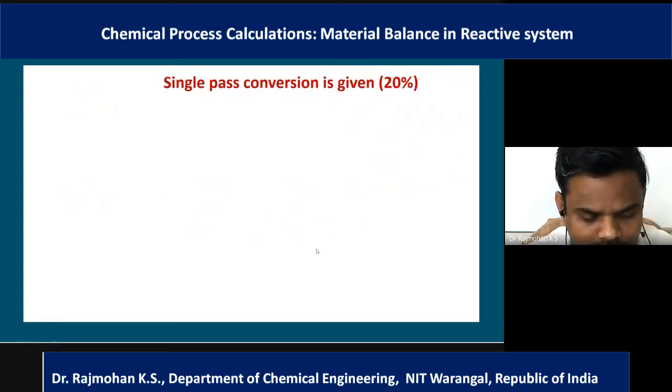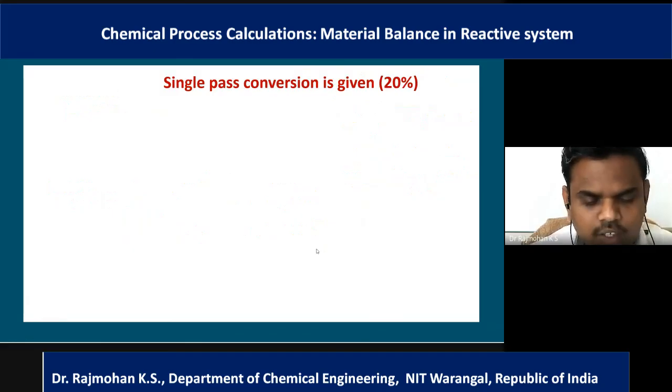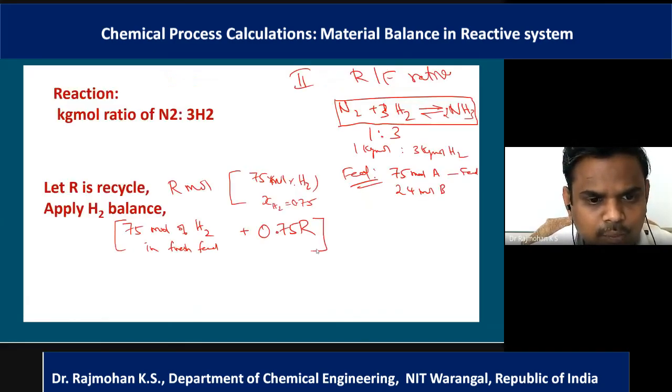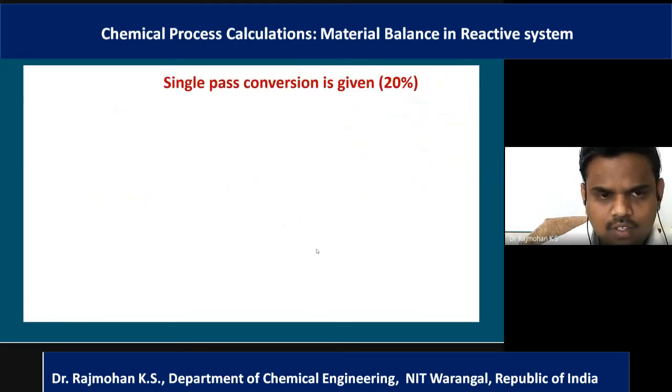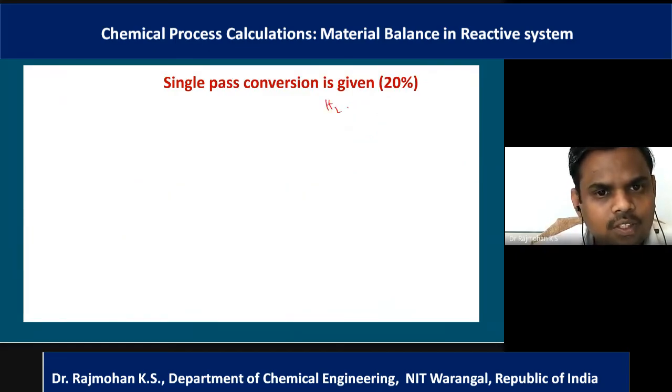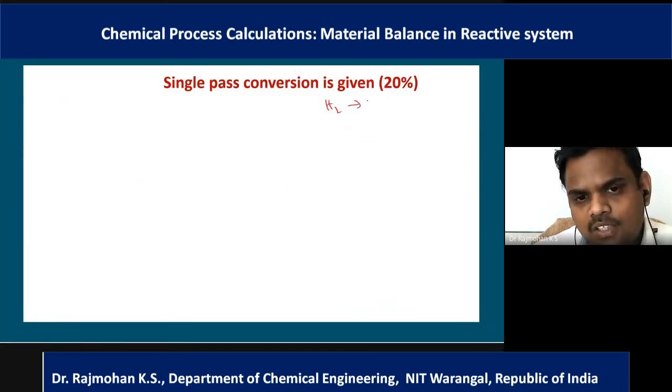Okay. And it is given that the single pass conversion is 20 percentage. So we have 75 plus 0.75 R, right? And it is given that single pass conversion is 20 percentage only. So what is the amount of hydrogen that will be present in the stream leaving the system, that is the gross product stream? Hydrogen will be 80 percentage of what is entering in the mixed stream.